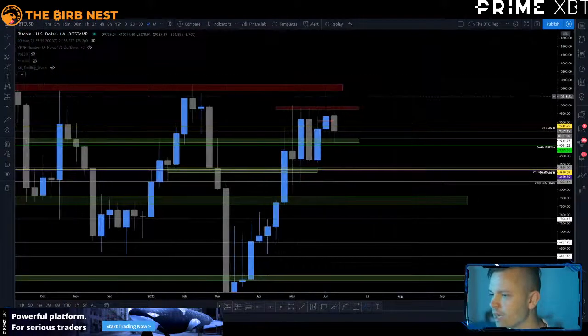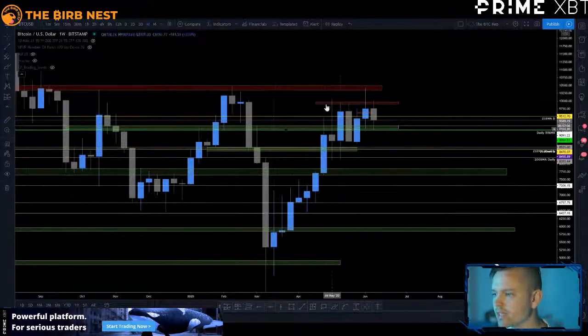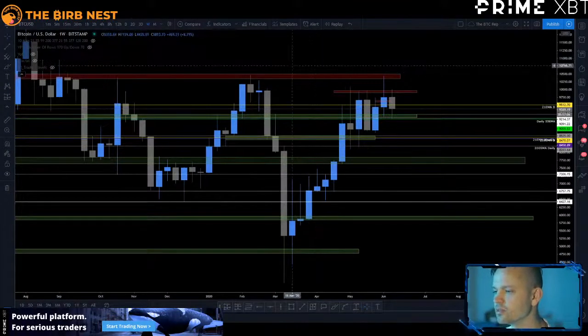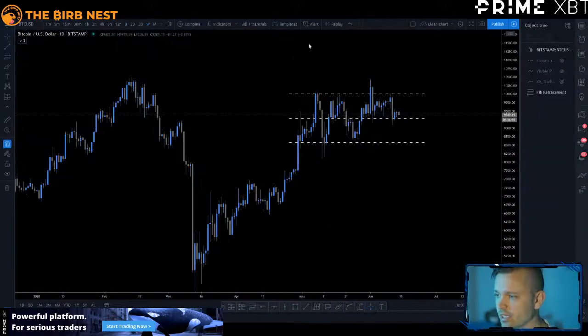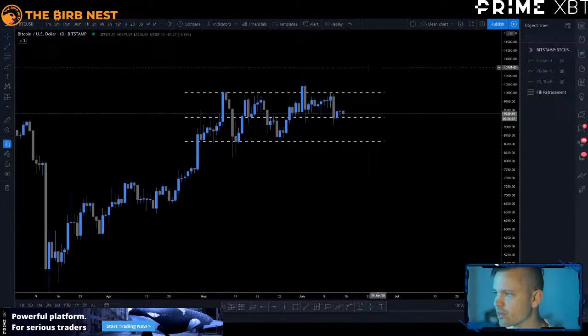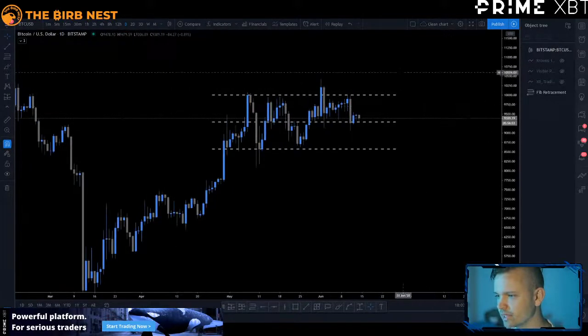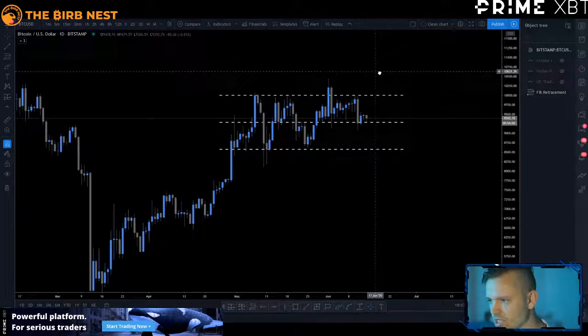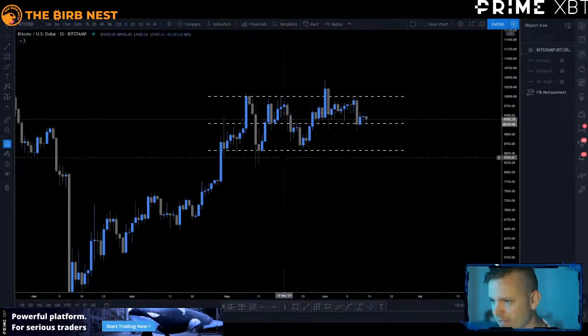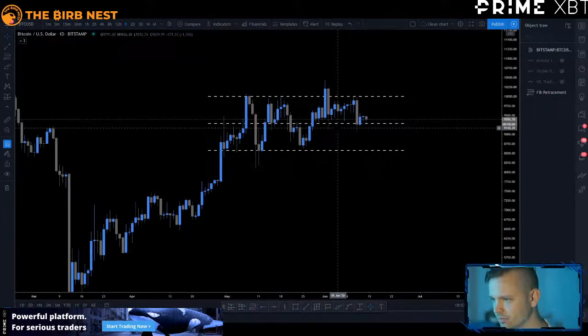And honestly, I think the best way to look at this is to watch the daily range that I got drawn here. So as you can see, we have a quite clear range here on the daily, and price is really respecting the range EQ.